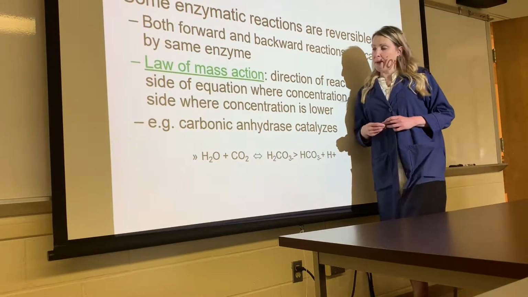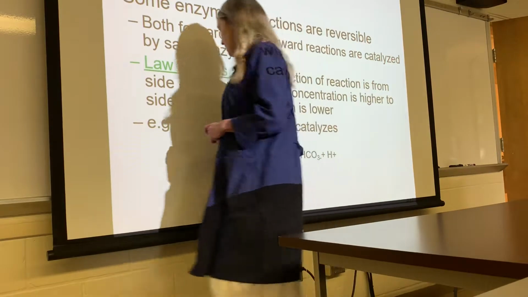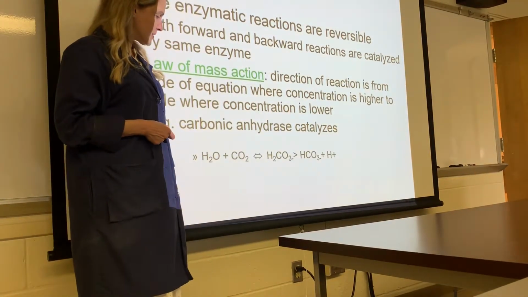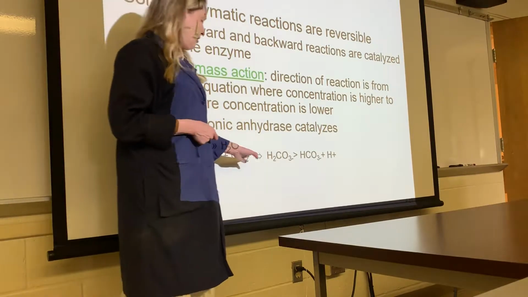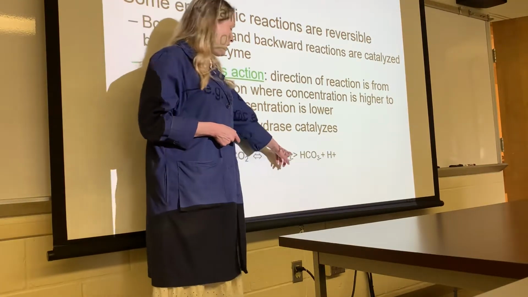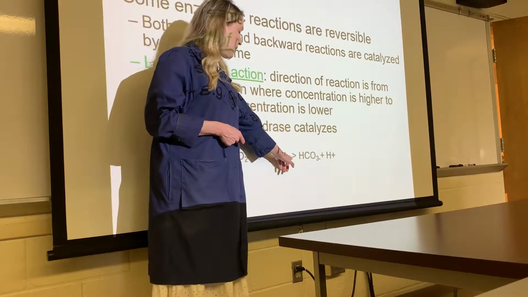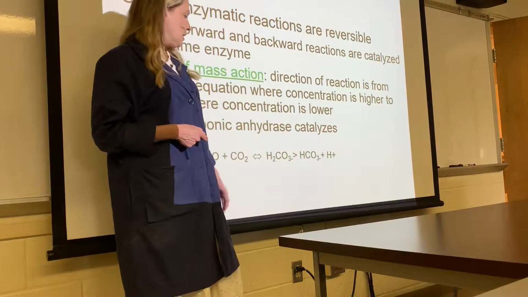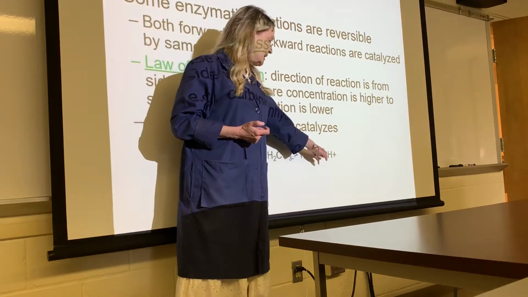So over here, we have water and carbon dioxide, and that is going to be converted to carbonic acid, and then there should be a bidirectional arrow here too, but for some reason it's only showing it go to the right. And then there's our bicarbonate and hydrogen.